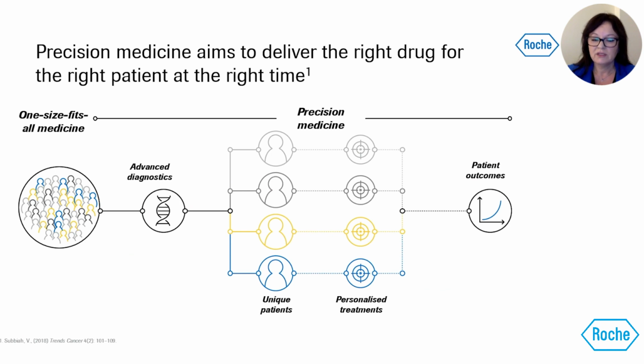We know that precision medicine aims to deliver the right drug to the right patient at the right time. For metastatic advanced sarcomas that cannot be surgically excised, prognosis is very poor due to difficulty finding optimal treatment, and we can really improve patient outcome with a precision medicine approach.